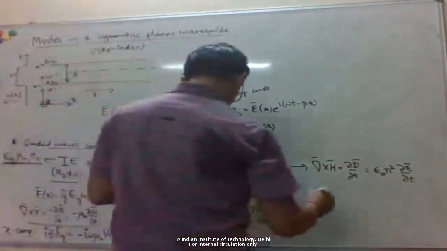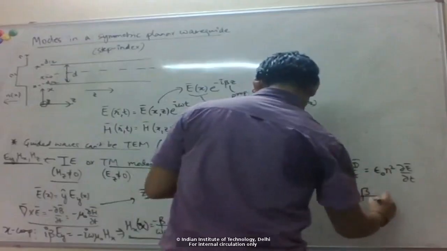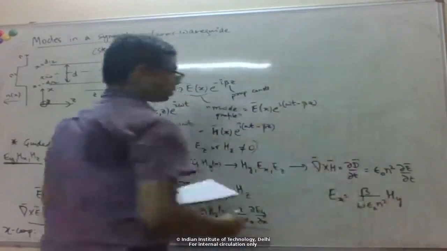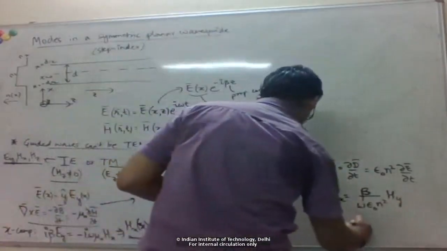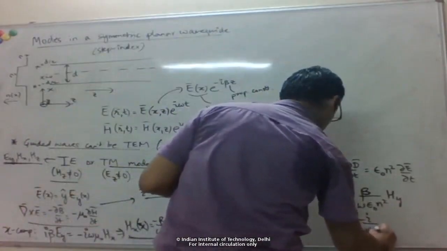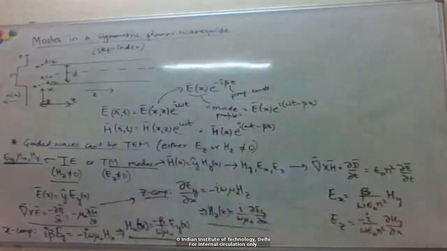Again you take the x and z components, and you see that Ex I can write as this value times Hy, and Ez will depend on the derivative of Hy with x. So I hope that's clear.